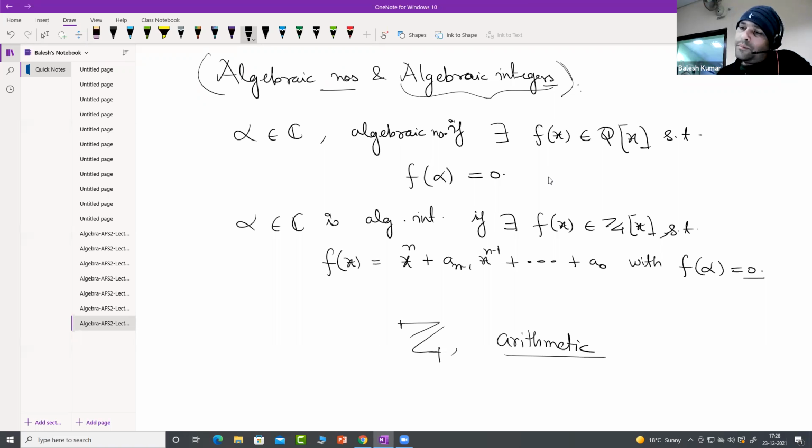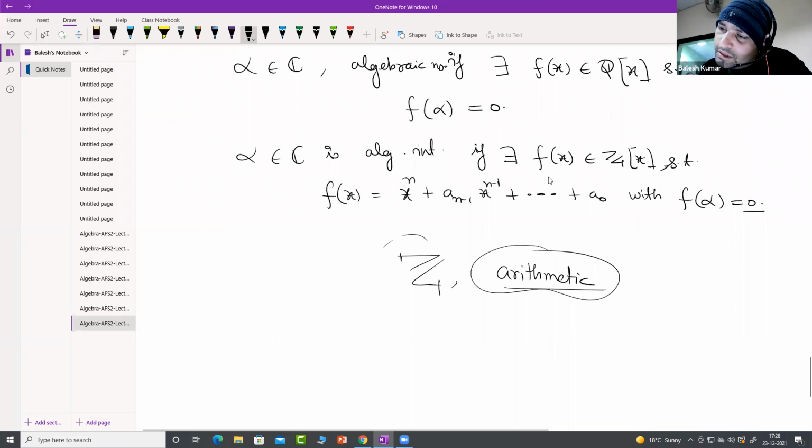At the very beginning, when people tried to generalize these notions, they asked whether these properties which hold inside the ring of integers are true for algebraic numbers or not, or for algebraic integers or not.